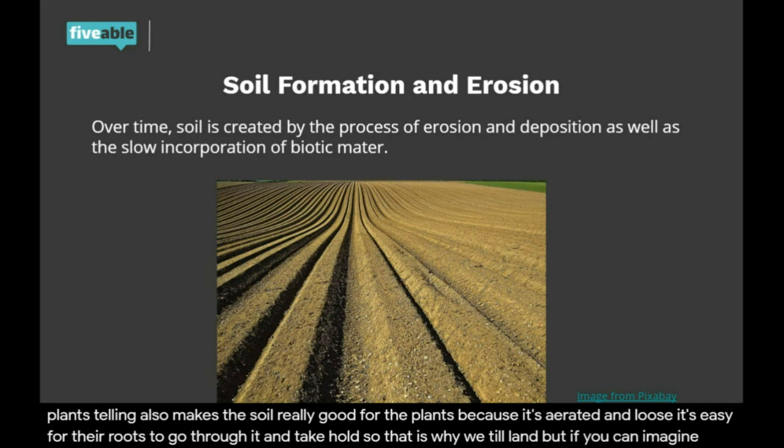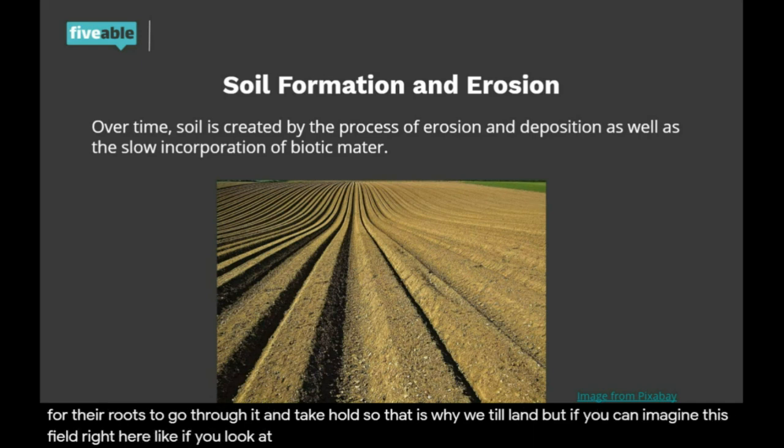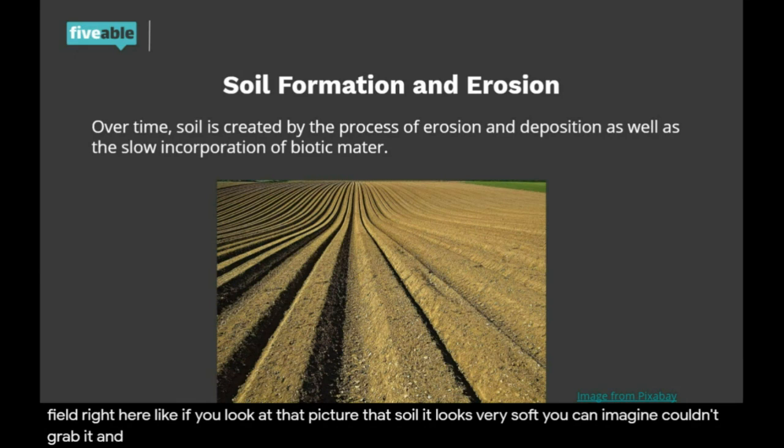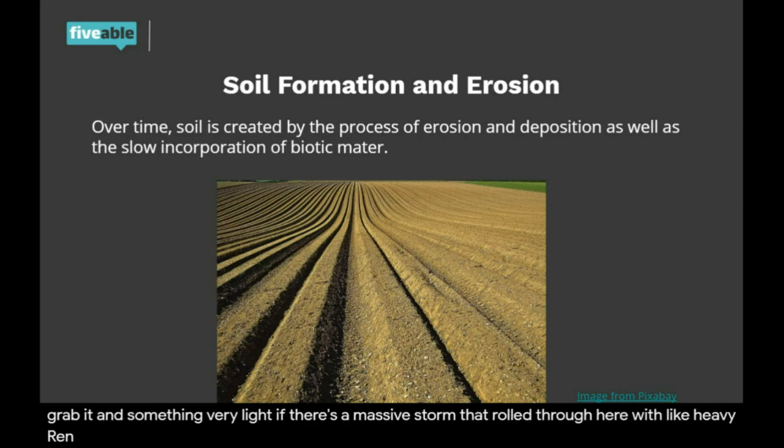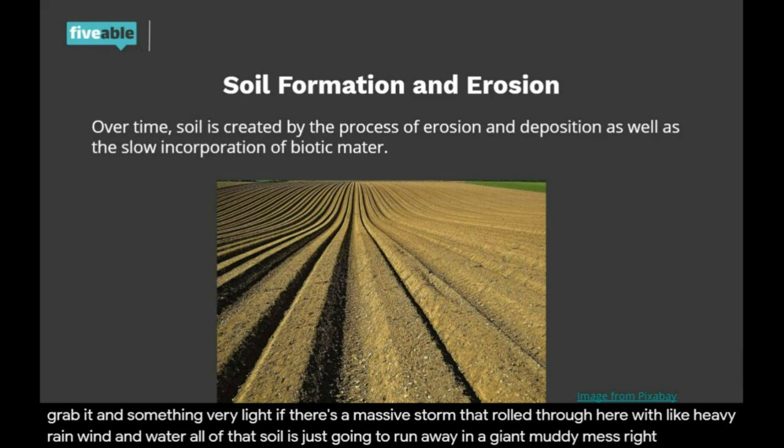But if you can imagine this field right here, if you look at that picture, that soil looks very soft. You can imagine you could grab it and it would be like picking up some sand or something very light. If there's a massive storm that rolled through here with heavy wind and water, all of that soil is just going to run away in a giant muddy mess, right?